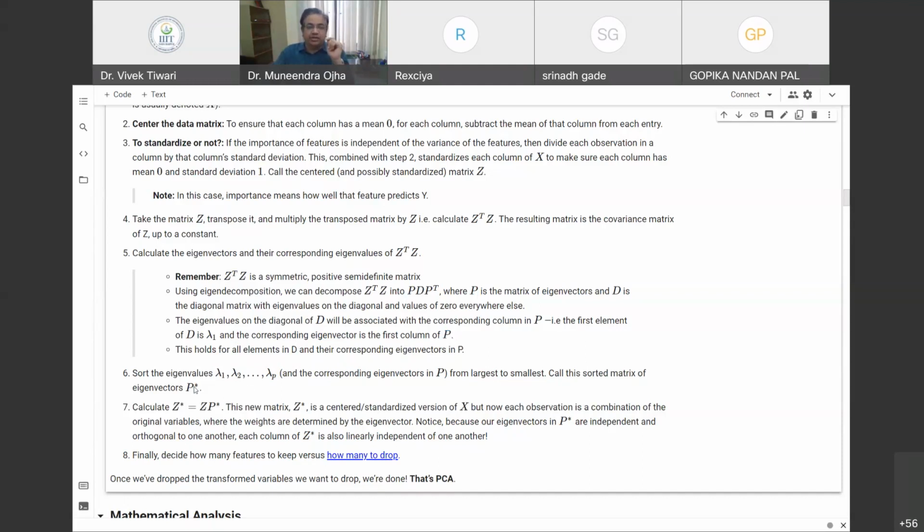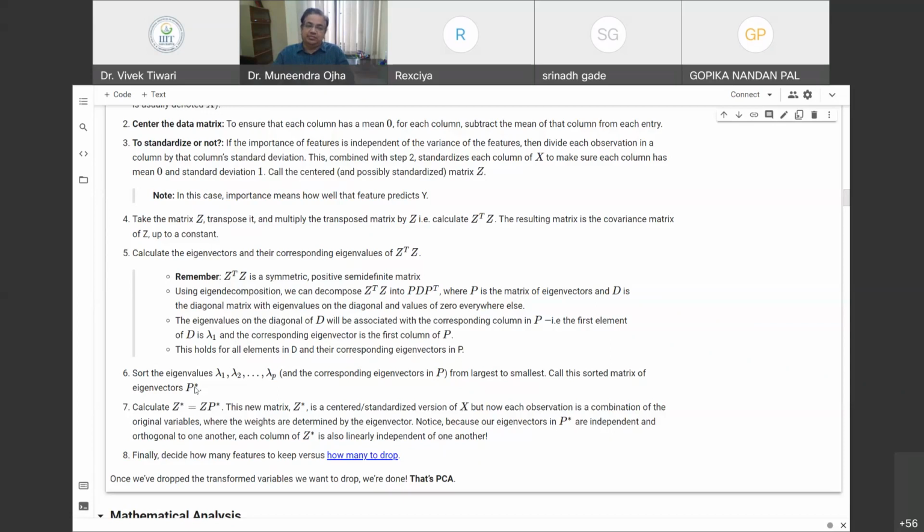When we sort them, we call them P star. So P star is a matrix of eigenvectors in which the corresponding eigenvalues are sorted from left to right in decreasing order of magnitude. Now we have P star. This P star could be called a projection direction. This P star is a direction of decreasing importance.